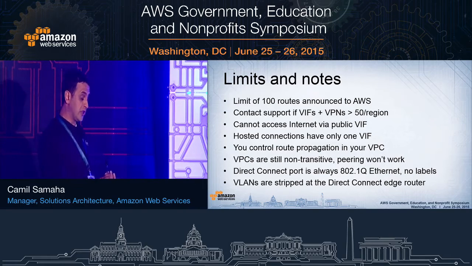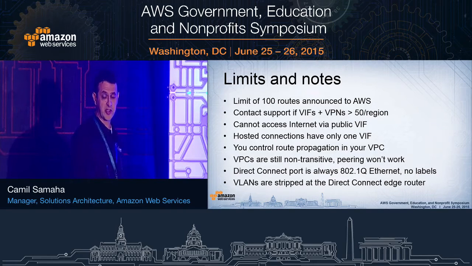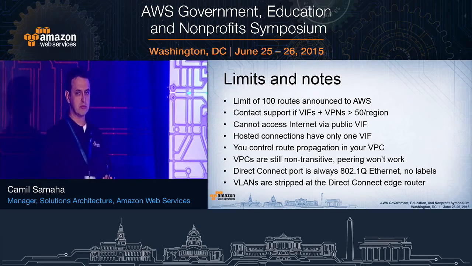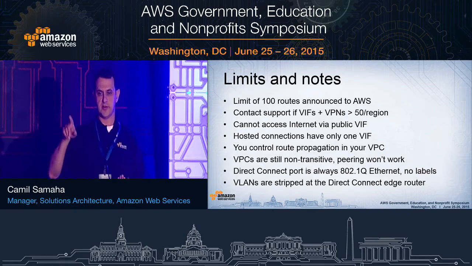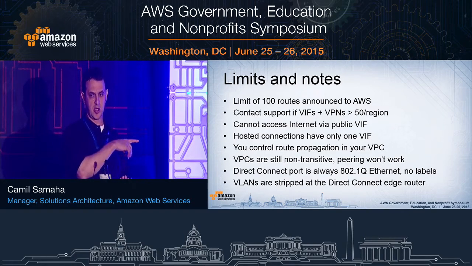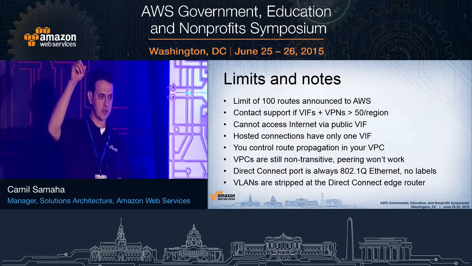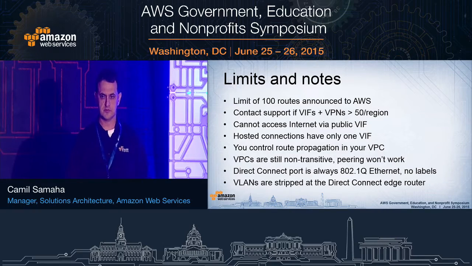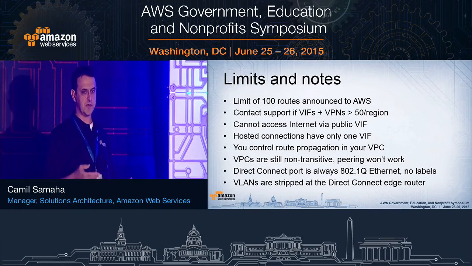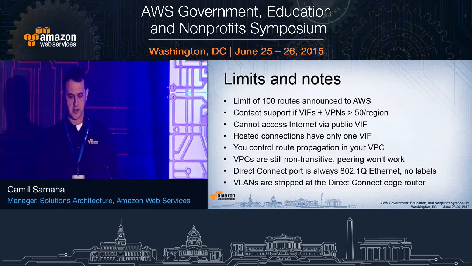Another important point, if you do establish a Direct Connect, we are not going to advertise your routes out to the open internet. So what that means is the traffic cannot flow from your data center to AWS over Direct Connect and then out to the internet. Okay? We're not providing an internet service. This is a service to connect your facilities into AWS. Okay?